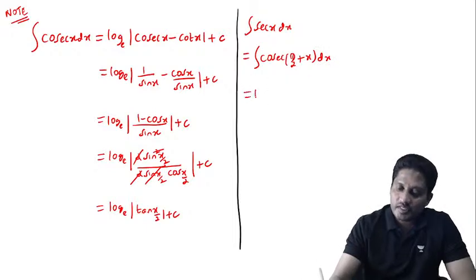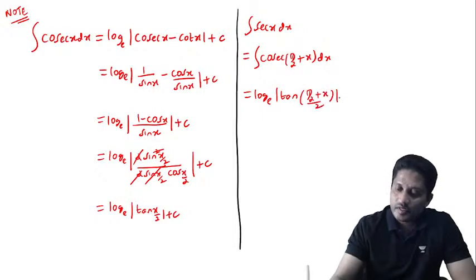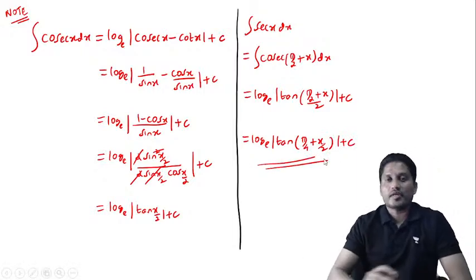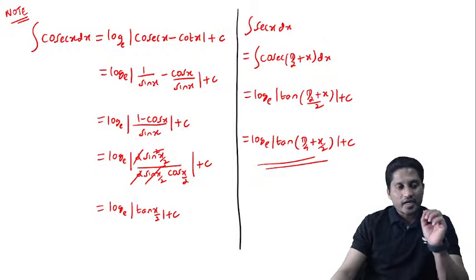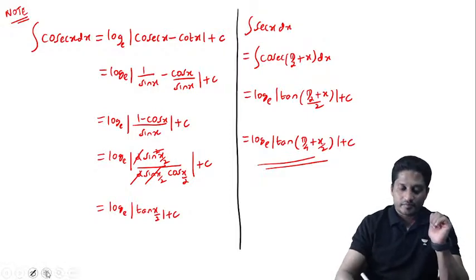So integration of cosec x is log tan x by 2, so this is log tan of x by 2, that is pi by 2 plus x whole divided by 2, and plus c. Log tan of pi by 4 plus x by 2, plus c. So this is the formula. So integration of cosec x, integration of sec x, I derived the formula in a simplified form.